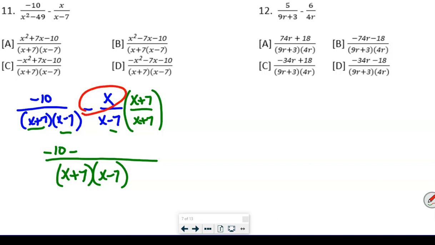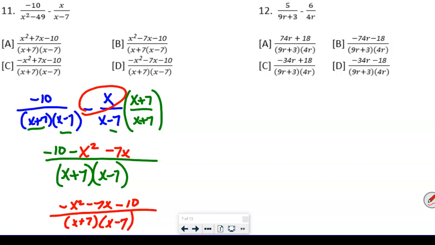We're going to subtract the negative x times x. So that's going to be minus x squared, and then a negative x times 7, so that's going to be minus 7x. So if we wrote this in descending order, it would be negative x squared minus 7x minus 10 over our factors, x plus 7, x minus 7.